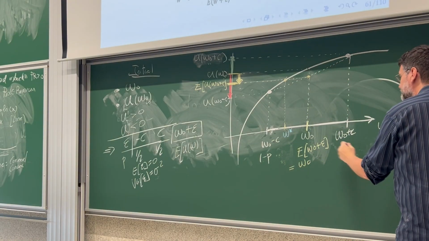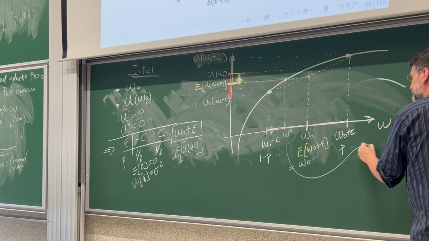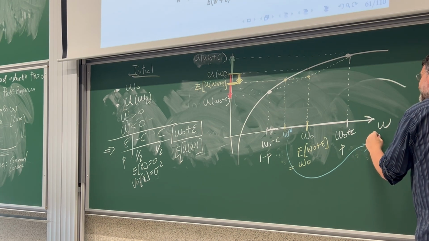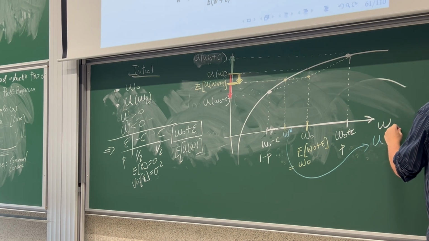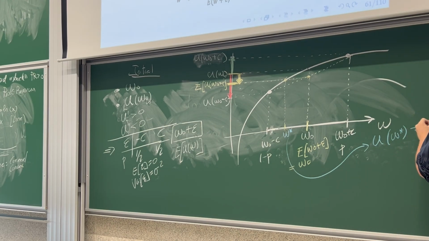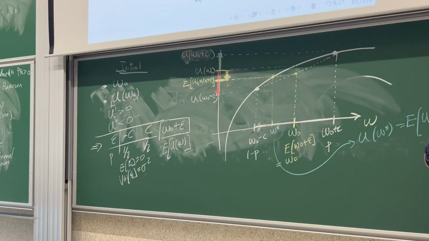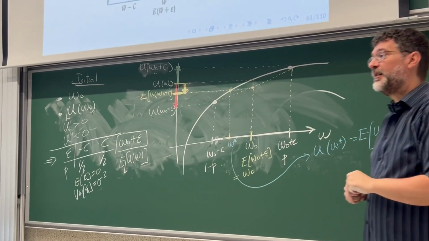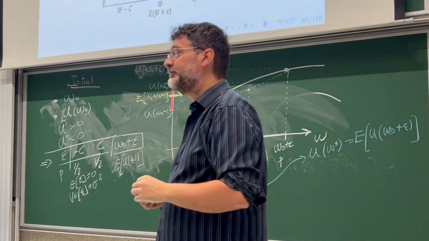Omega star is a point for which the utility evaluated at omega star is the same as the expected utility evaluated at my initial wealth plus the outcome from the fair game.